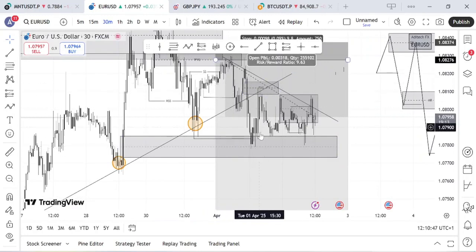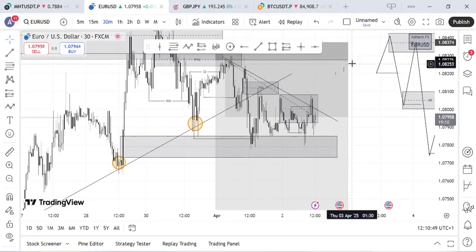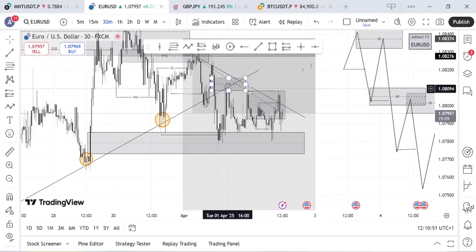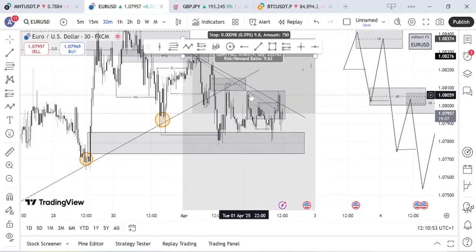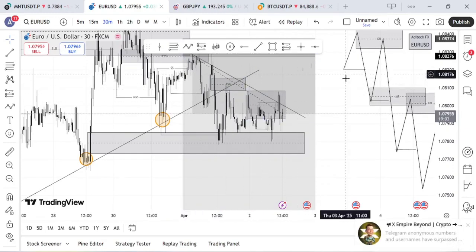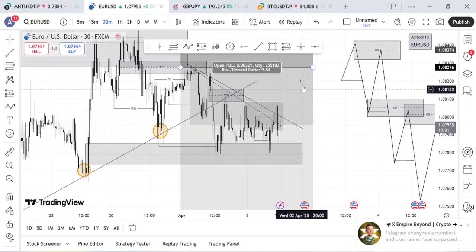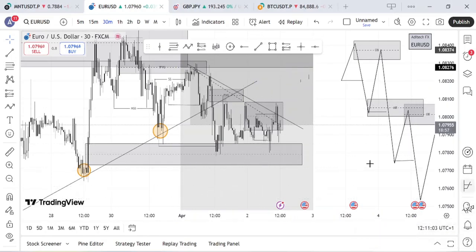So stacking more position right here, but it is not good to stack more positions. You must risk according to your capital. Risk management is one of the major things in forex trading. So if you have risked a particular amount around this point, there's no need to enter more positions right here.